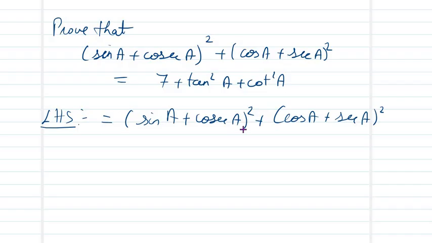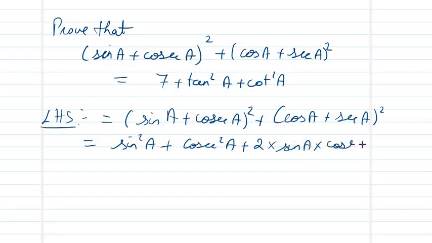Coming on to the solution, I've just taken the left hand side expression. We have the formula (A plus B) whole square equals A square plus 2AB plus B square, and we are going to apply it. This gives us sin square A, plus square of cosecant A, that will be cosecant square A, plus 2 into sin A into cosecant A. Now do the same for the next expression, which uses the same formula.